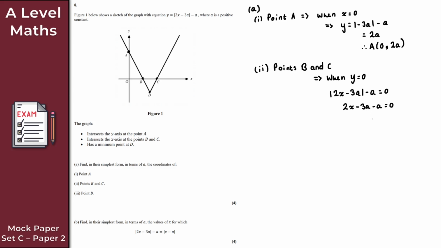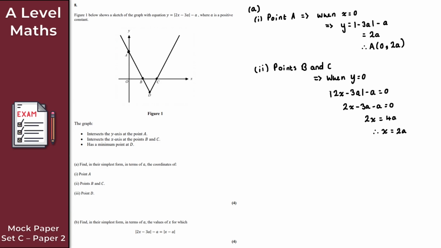Minus 3a minus a is minus 4a. Take that over to the other side, so 2x is equal to 4a. Divide both sides by 2, and x in this case is equal to 2a. Have I made a mistake here? Oh, no, that's fine. x equals 2a. Perfect.